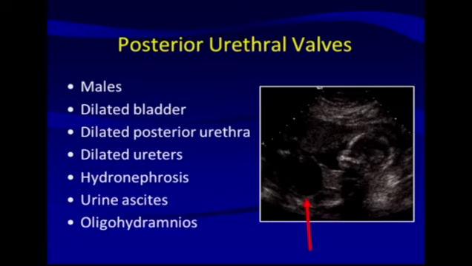So you'll have a dilated posterior urethra, a dilated bladder, dilated ureters, a dilated renal collecting system and hydronephrosis. And you're going to have oligohydramnios, as the amount of amniotic fluid is diminished from the lack of fetal urination. And here you can see this very large bladder in a small fetus with oligohydramnios surrounding.